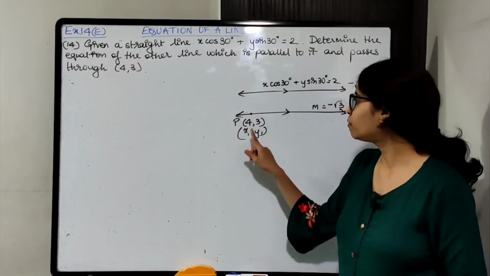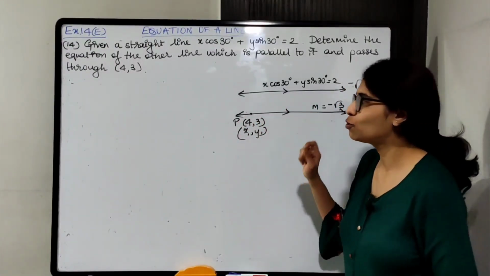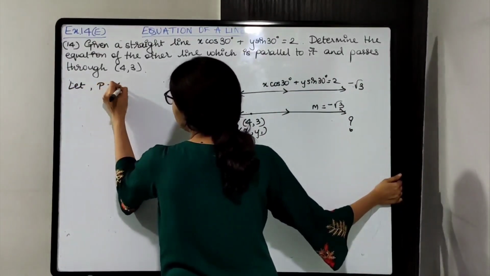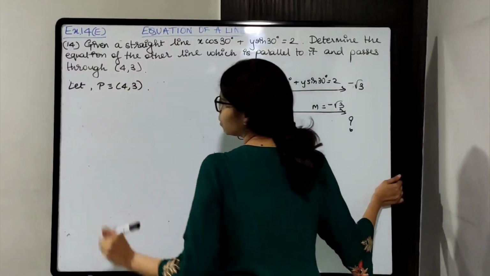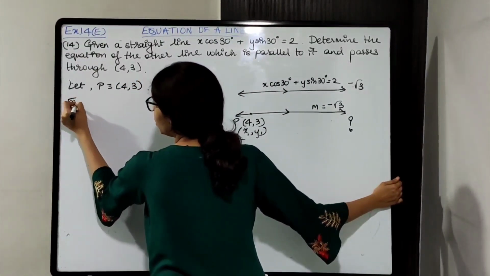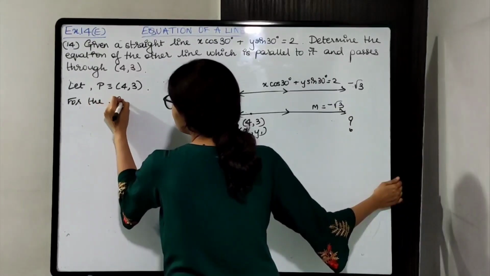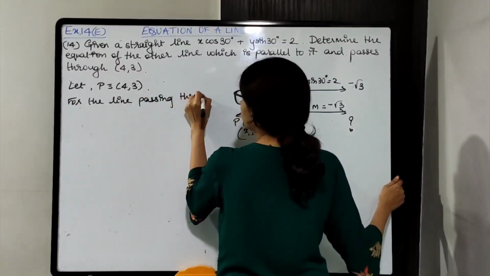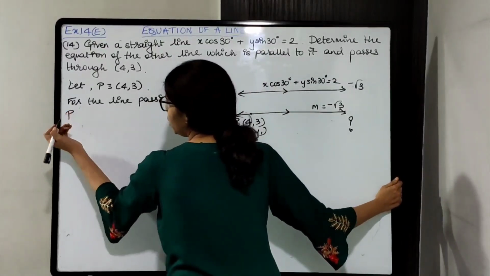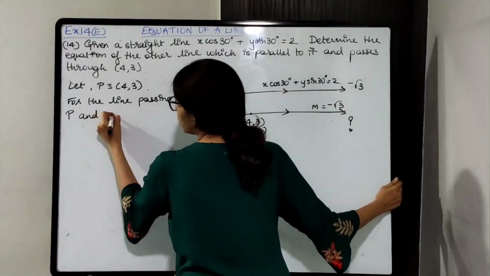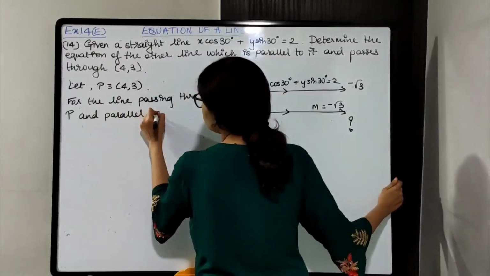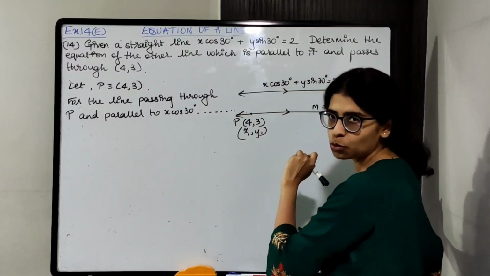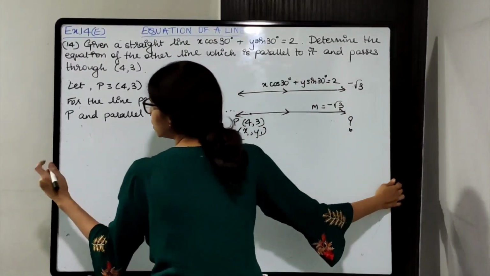We have named the point 4,3 as P, so you have to write down, let P be 4,3. Okay, so for the line passing through P and parallel to x cos 30 plus y sin 30 equal to 2, I'm not writing the entire thing.